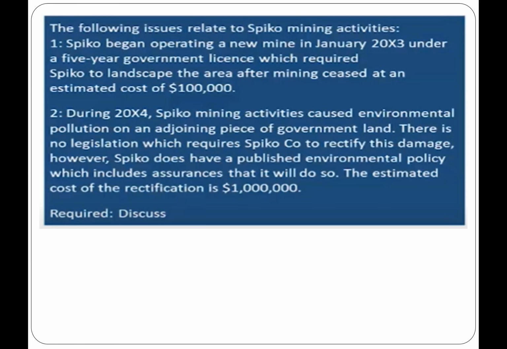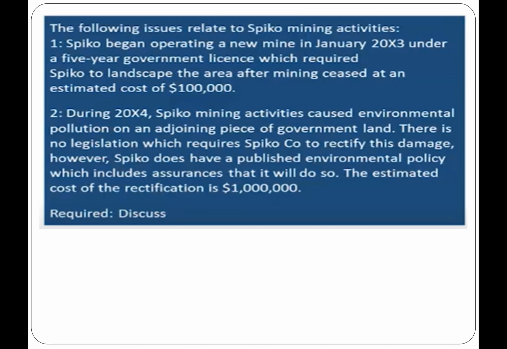landscaping. In the event that the landscaping cost is actually less, let's say, for example, our landscaping cost is 80,000, we are going to debit provision by 100,000, and then we are going to credit the bank by 80,000, which is the actual amount of money that we are going to require to do the landscaping.